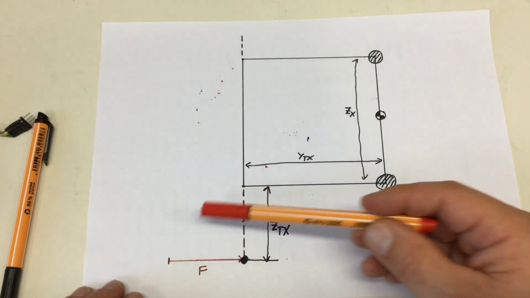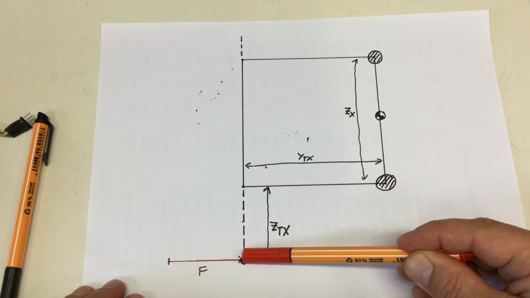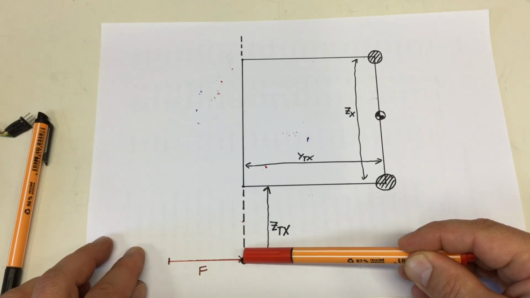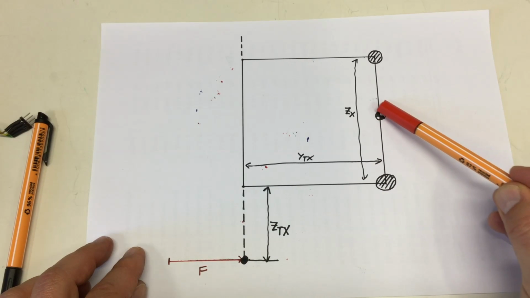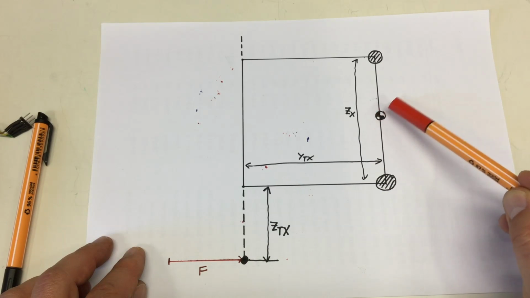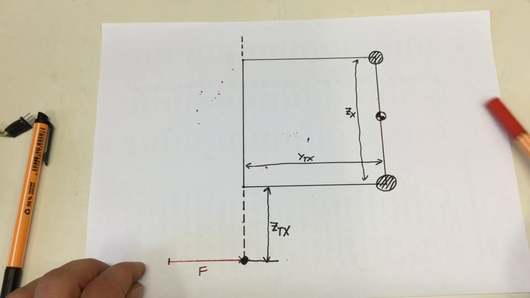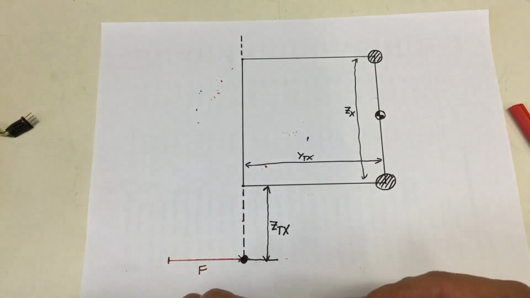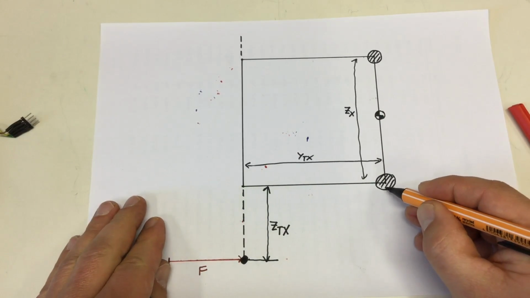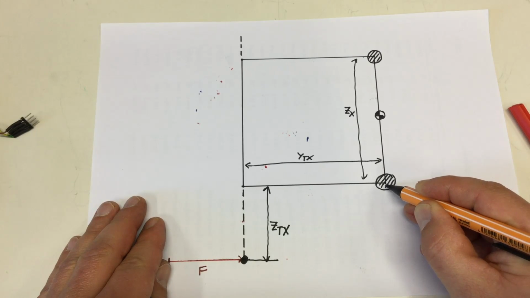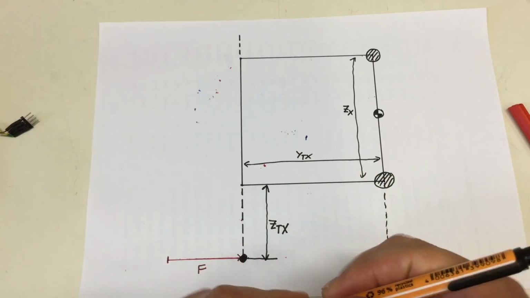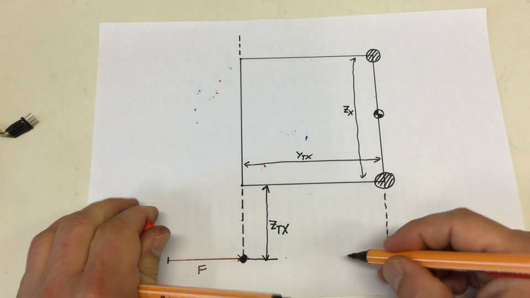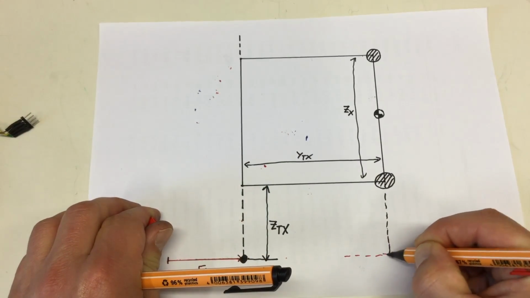So our force is coming here from the side, and so it tries to rotate the whole thing around that point. And the lever, in our case here, the force will attack here.